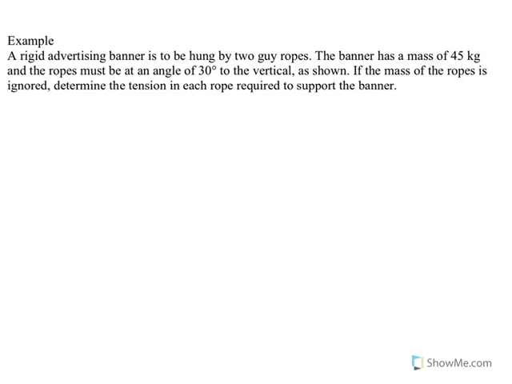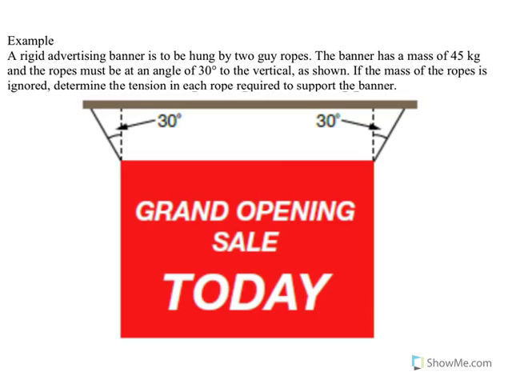Alright, so as shown, this is what it looks like. So here's our sign there, grand opening sale. Its mass is 45 kilos, so there would be a weight force acting down.